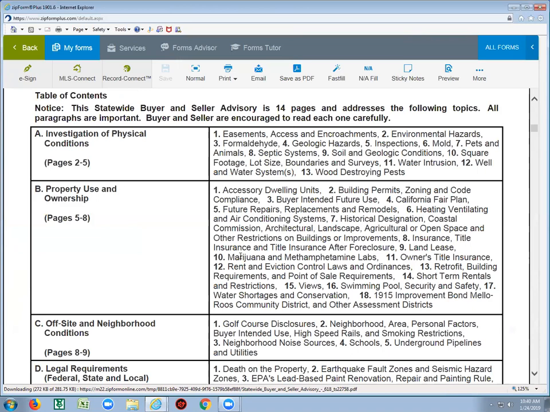If you look at the investigation of physical condition, we'll talk about the investigation or inspection. That is between pages 2 to 5. Easement, access, encroachment, environmental hazard, formaldehyde, geologic hazard, inspection, mold, pets and animals, septic system, soil and geologic condition, square footage, lot size, boundary, survey, water intrusion, well and water system, wood destroying pest.